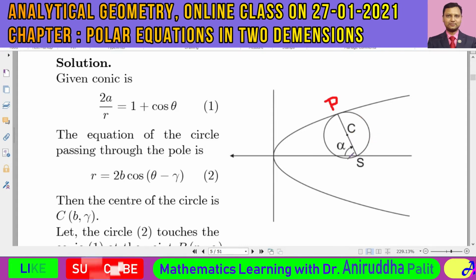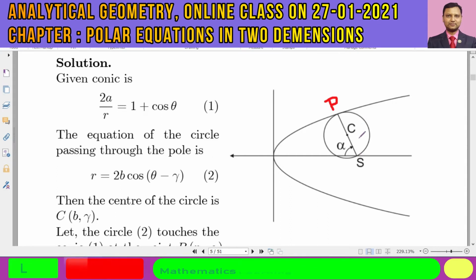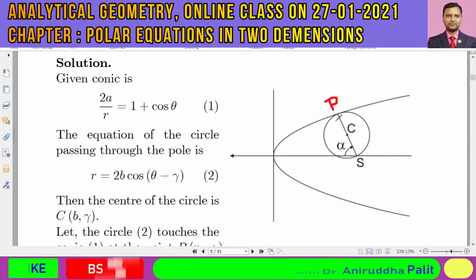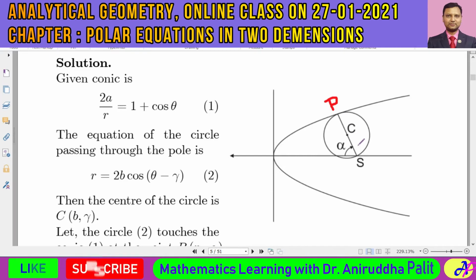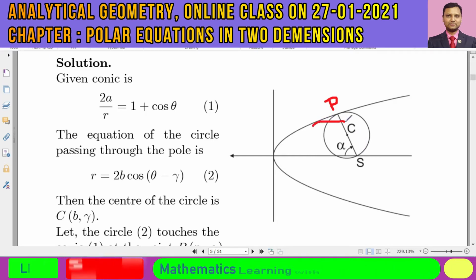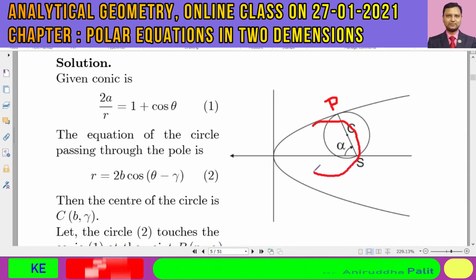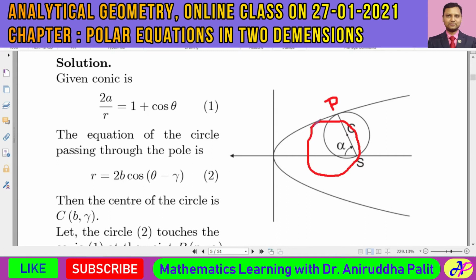You see over here I have drawn the circle in this fashion. So apparently it looks like the vectorial angle is equal to alpha, but the circle can also be drawn in this way. Suppose this may be the circle. This kind of circle can also be drawn.